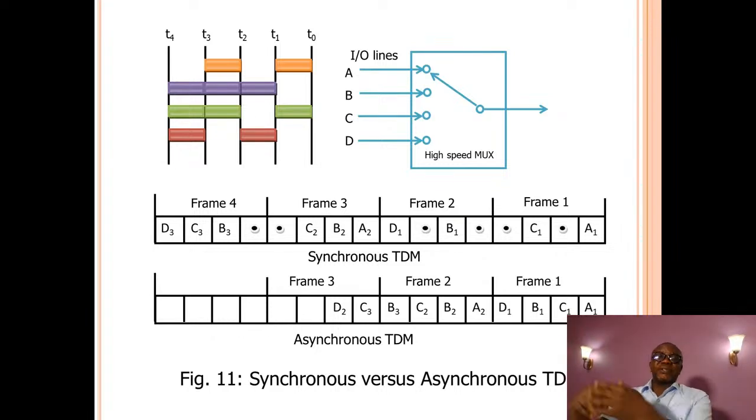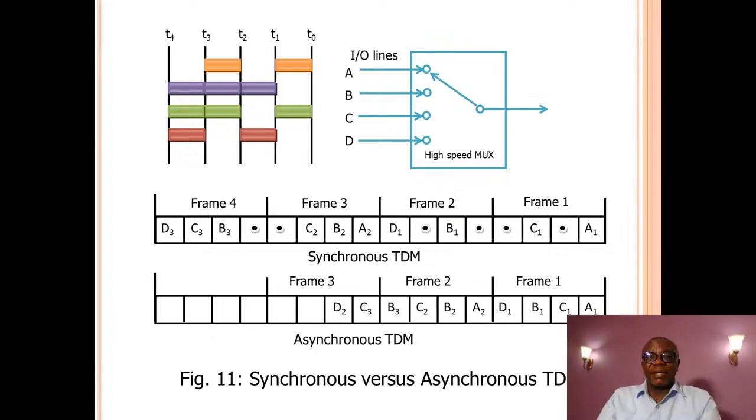Instead of transmitting empty space, it rushes back to A and sees from T1 to T2 in A, there is nothing. It checks B again. From T1 to T2, it sees something in B. It takes it as B1 and puts it in frame 1. It goes to C. It checks, there is nothing.